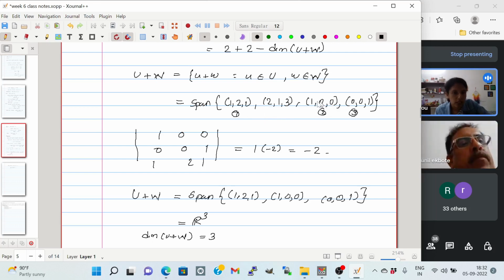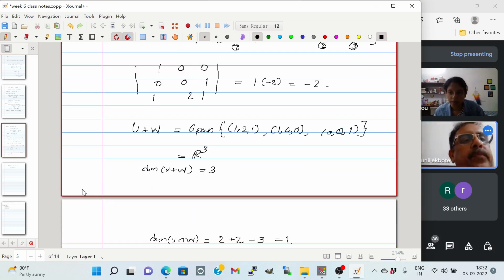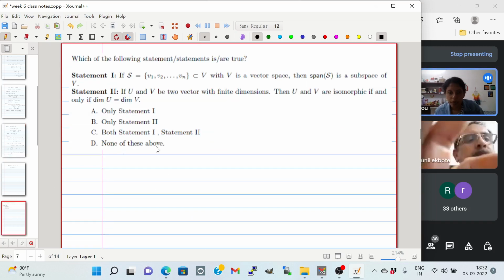Already I know 1 0 0. Simply by looking at this, I can say 1 0 0 and 0 0 1 are linearly independent. So I just try to add one more element from here. Then also this set of 3 elements is linearly independent. Okay. So I got 3 linearly independent elements which span our U plus W. From this we can easily conclude U plus W is nothing but our R3, right?